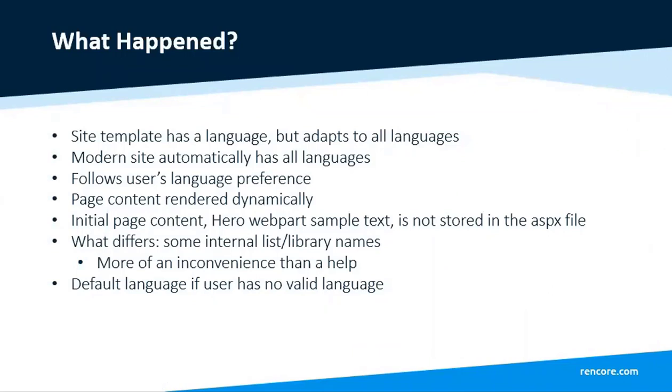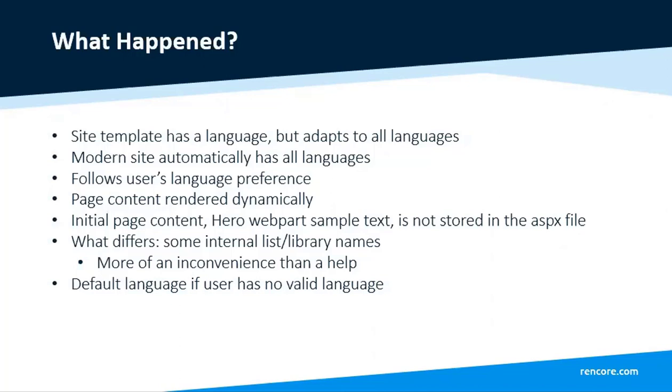All the content on all the pages is generated dynamically. So if you were to look at the SPFX files that it creates for these sites, these SPFX files are essentially empty. They're empty shells. They're containers that are dynamically filled using JavaScript.